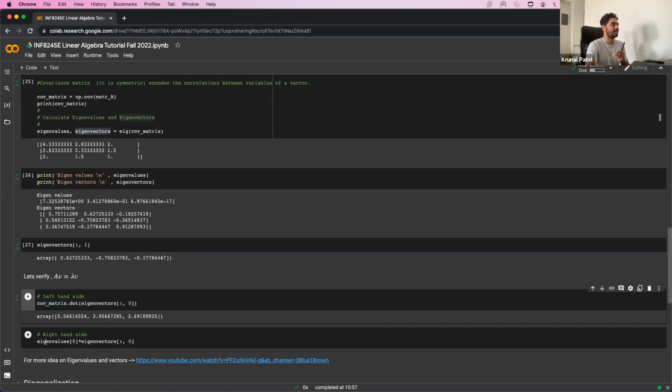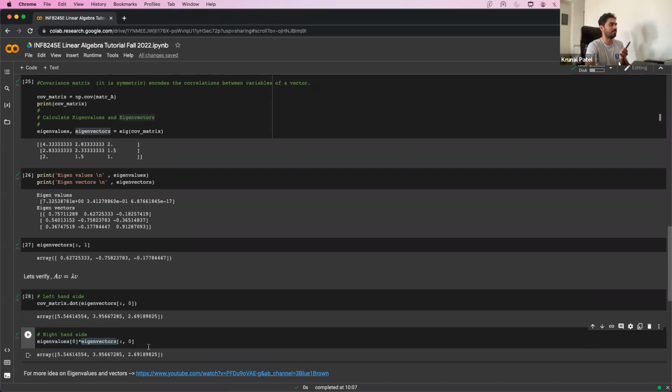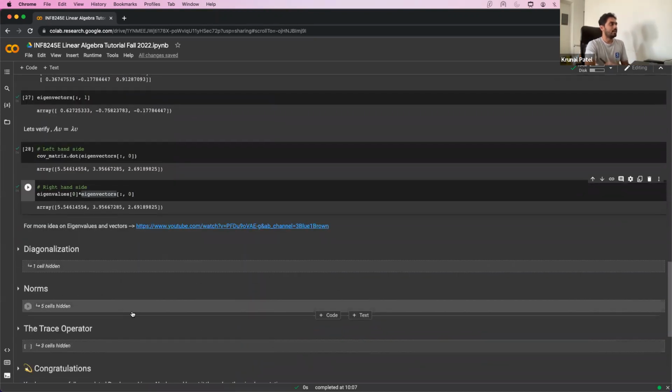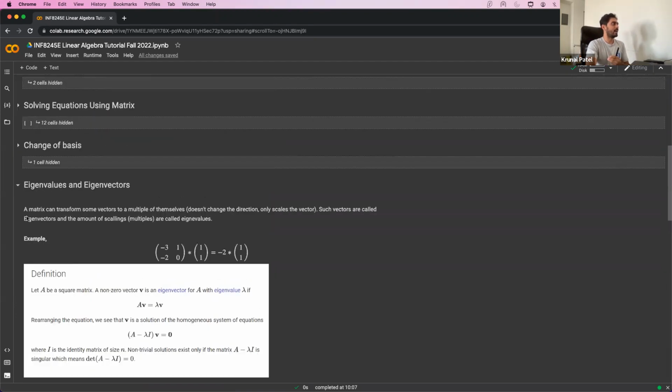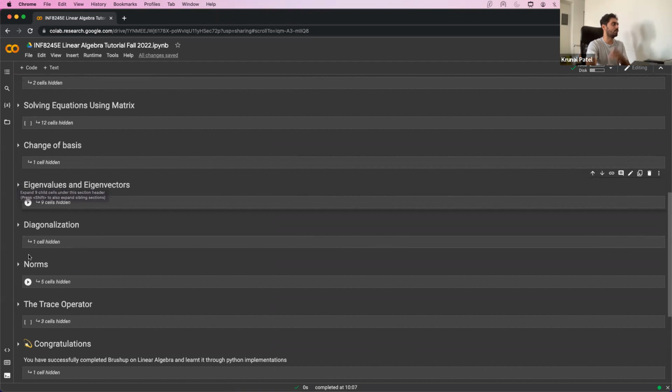And the right hand side is the eigenvalue of 0, which is a scalar, times that vector. It will also give you exactly the same answer, right? So that's how we find the eigenvectors and eigenvalues, and it will become useful later on.